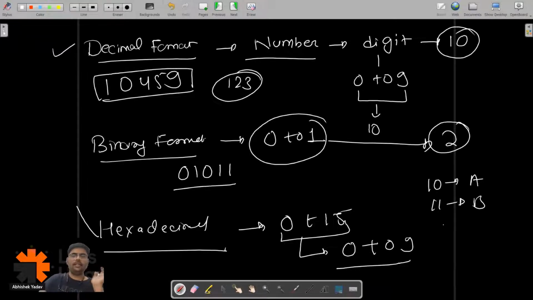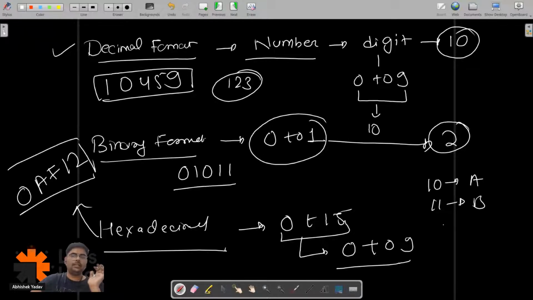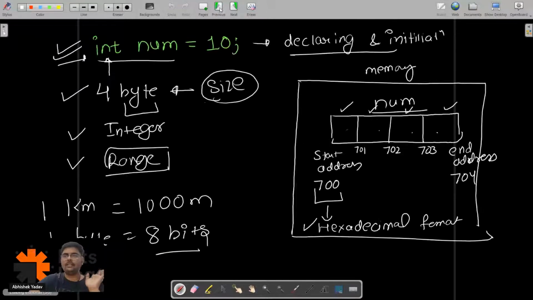So if I create one hexadecimal number, let's assume 0AF12, this format is used for the address part. Everyone is clear? Yes or no? Hexadecimal format is used for the address part.